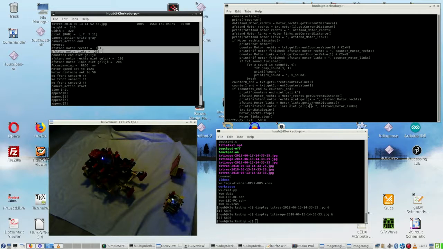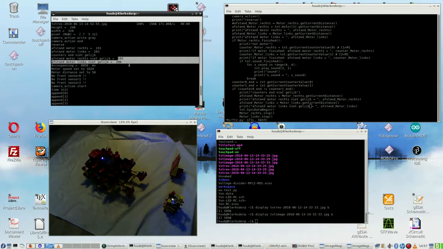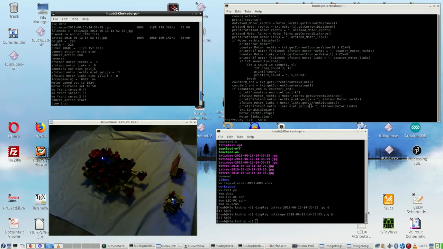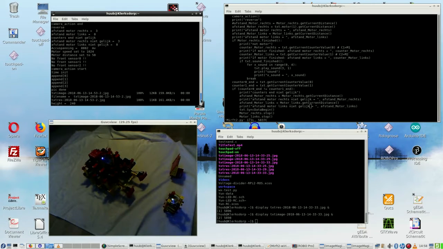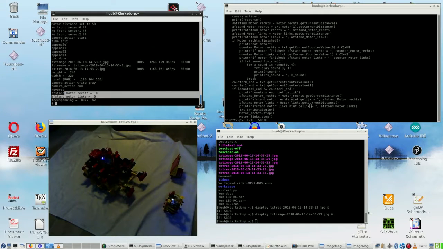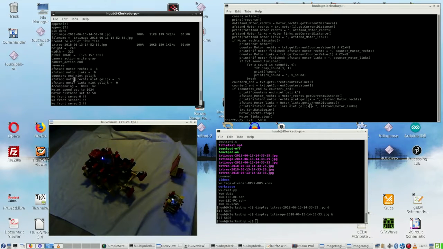Here. Well, this is definitely get current distance. Most definitely get current distance. But then, what happens that it suddenly becomes 0? Here, 3, 0.